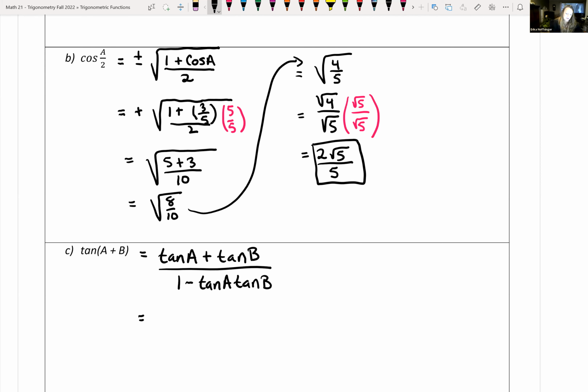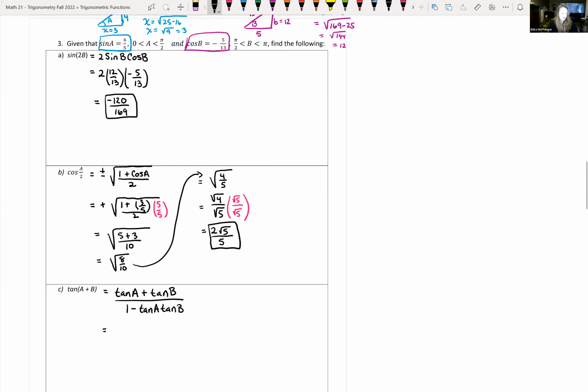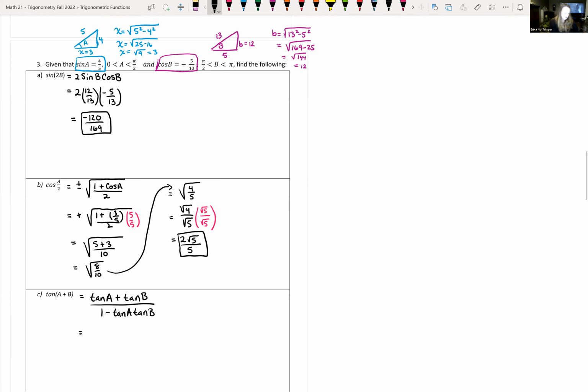So we're going to need to use our triangle to figure out what tangent of A and tangent of B are. We know tangent is opposite over adjacent. So I'm just gonna come up here and look at my triangle with angle A. So opposite over adjacent is going to give me 4/3 plus tangent of B. So opposite over adjacent, that is 12/5.